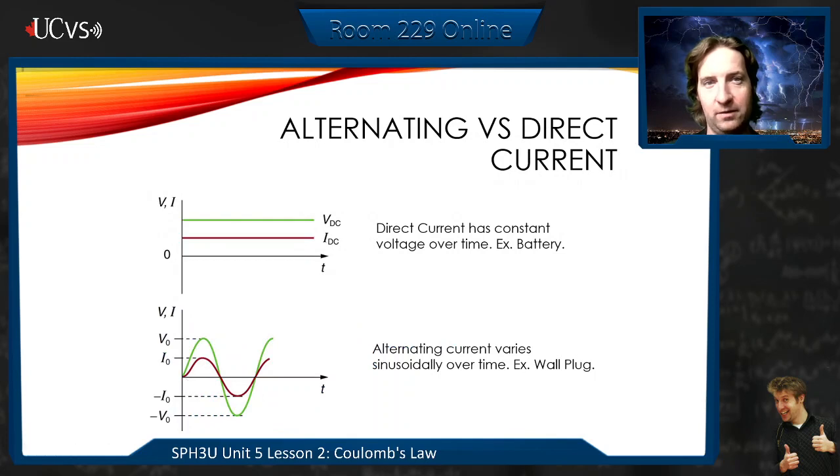Now, alternating versus direct current. When we have direct current, that means that the potential, the push out of the battery, is the same all the time. For example, your cell phone battery is something like 3.8 volts, constantly. It does vary slightly due to the amount of charge you have left in it.